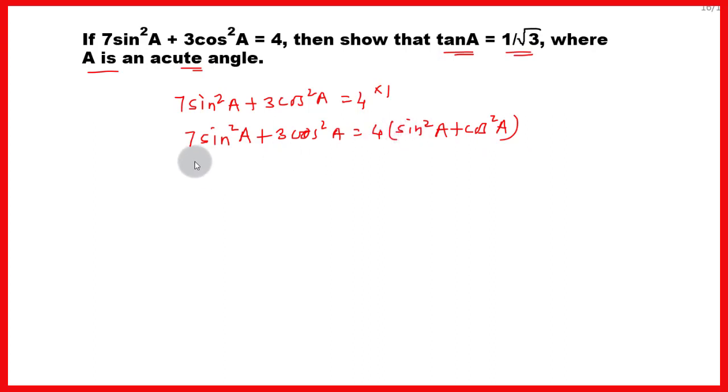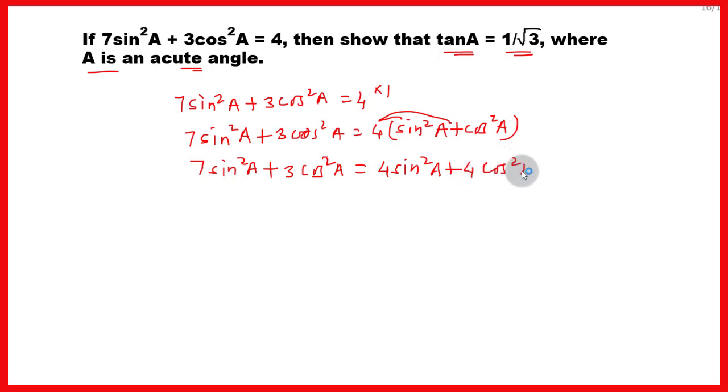And now this can be solved as 7 sine square a plus 3 cos square a, which is equal to multiply by 4 inside the bracket, so it will be 4 sine square a plus 4 cos square a.